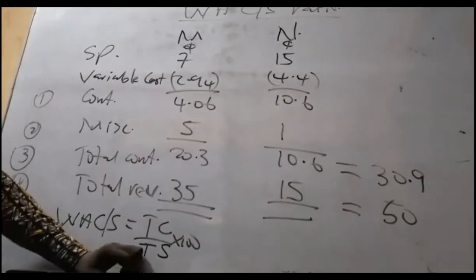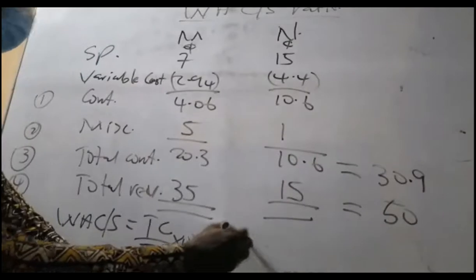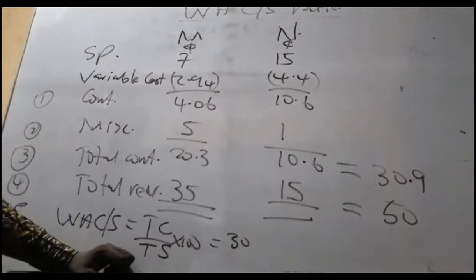So let's see. What's the total contribution? 30.9. Find the CS ratio. Good.